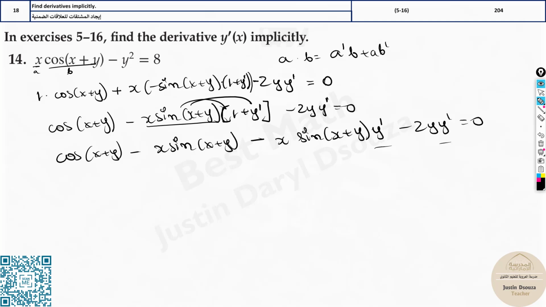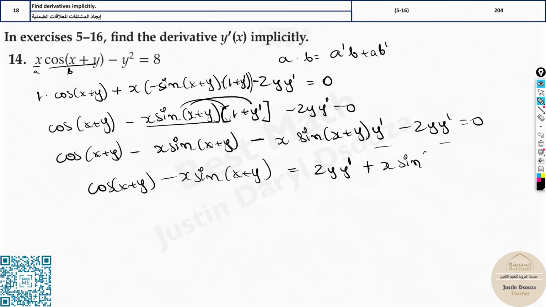Now this and this only have y prime, all the other terms are over here itself. Since these both are negative, I'm going to take these both to the other side. Cos(x + y) minus x sine(x + y) is equal to 2y y prime plus x sine(x + y) y prime.